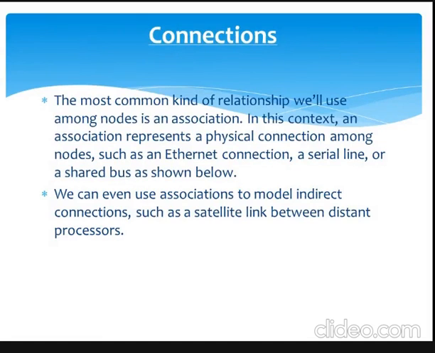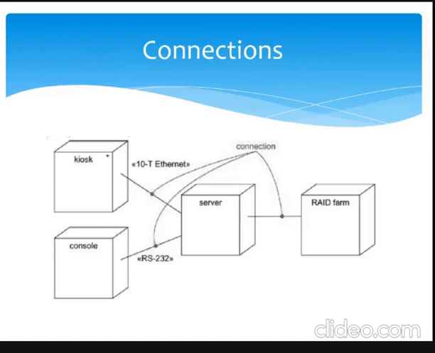These nodes are interconnected by using connections like association. These connections may be a wire, an Ethernet cable, or any kind of line. These nodes communicate by using association. We can also model indirect connections, such as a satellite link between processors, and represent them by using association notation. Here are the connections of various nodes.